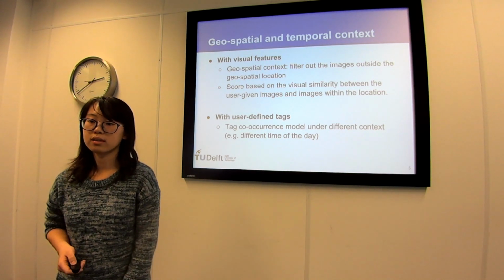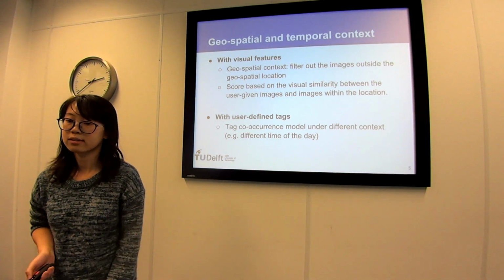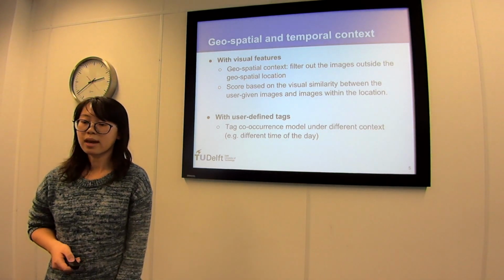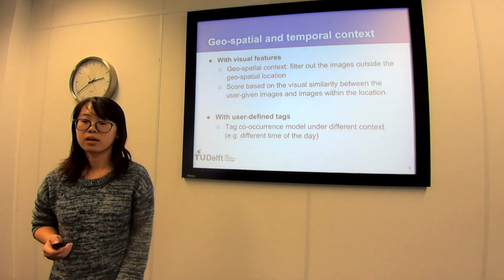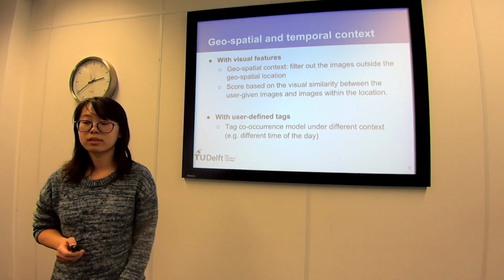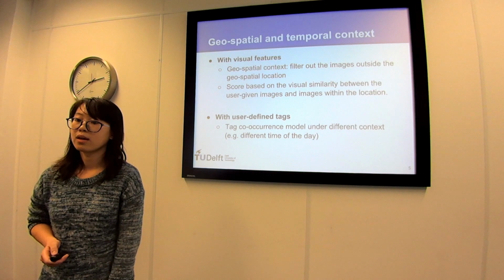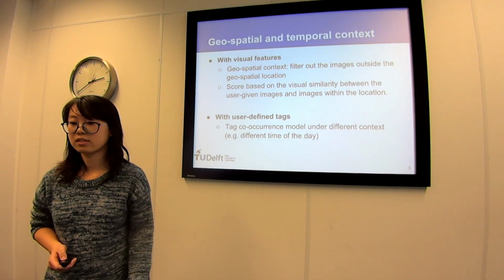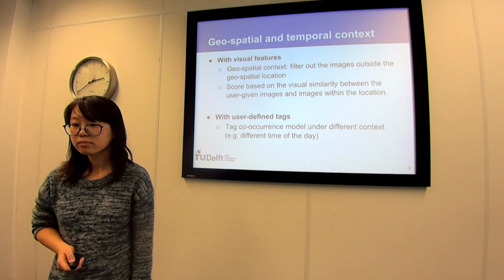The geospatial and temporal context can also be combined with the user-defined text. This can be done by building tag co-occurrence models under different contexts, for example, different times of the day, different days of the week, different seasons, and different continents.